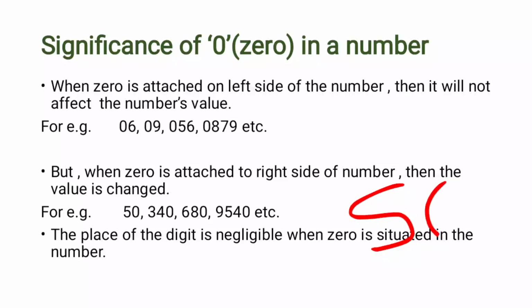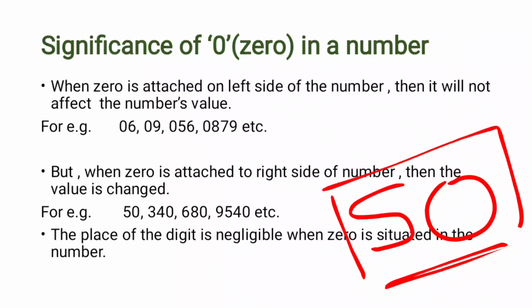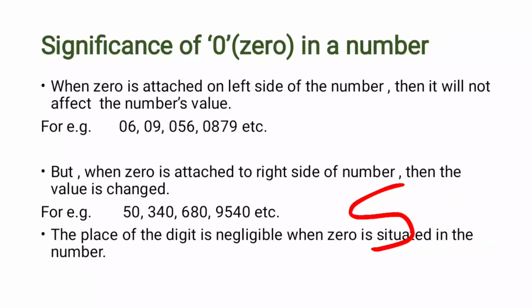But when we add the digit 0 to the right side of any number, then whole value will be changed and we read this number as 50. Similarly 340 will be 340 and likewise. Hence these are practical or the basic concepts about 0.